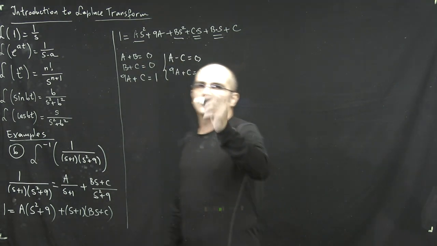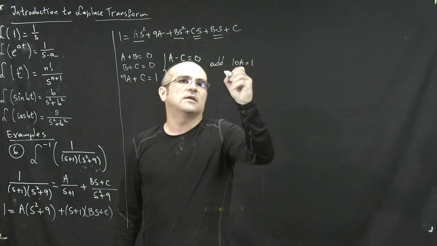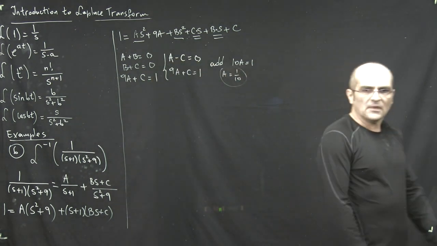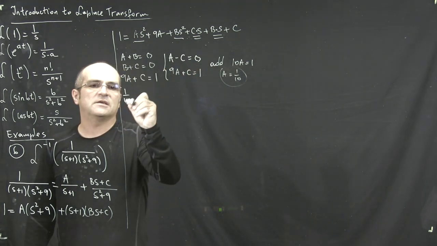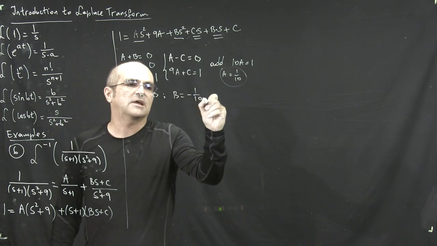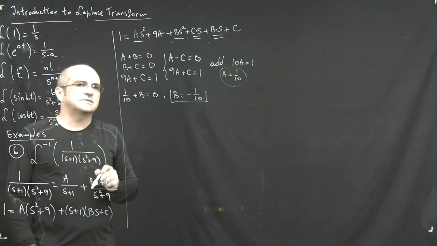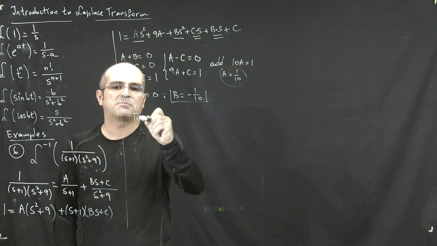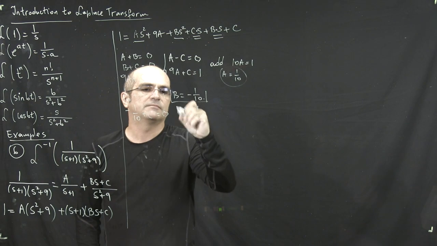So if I add the 2, then we have 10a equals 1, which gives me a equals 1 over 10. And then we can quickly find the other terms from the first one. If a is 1 over 10, that immediately gives me b equals minus 1 over 10. What else? c, right? So from the second equation, minus 1 over 10 plus c, that gives me c equals 1 over 10.